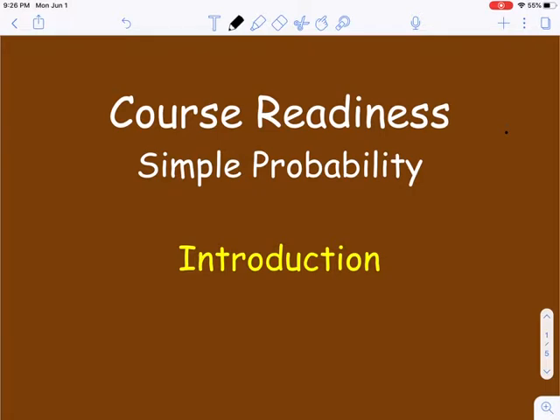We are going to talk about simple probability. Now, most of you are familiar with probability in a very basic sense. Like if somebody says, what are the odds of this happening? Or what's the likelihood that if you flip a coin, you're going to get a head or a tail?